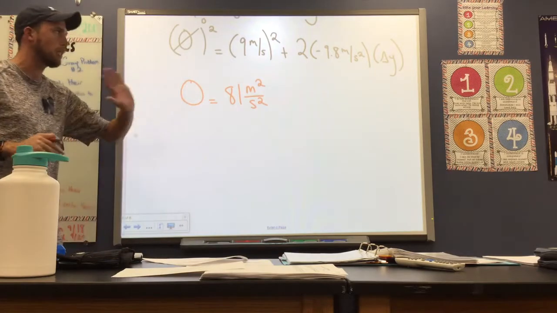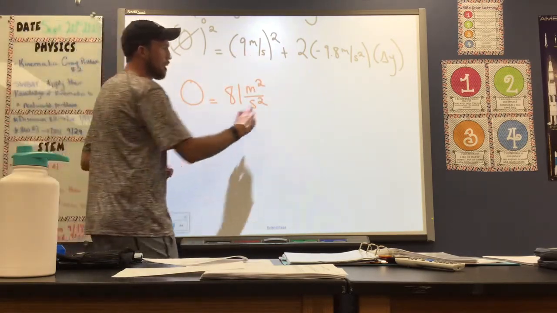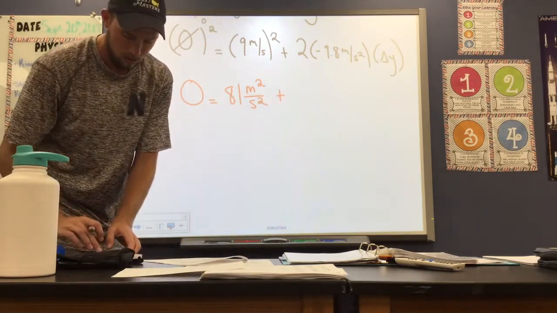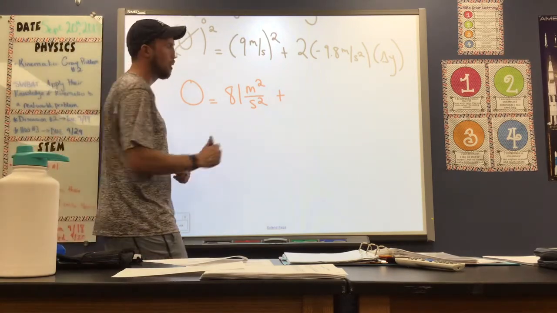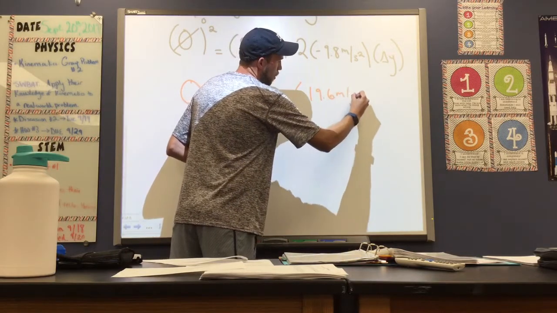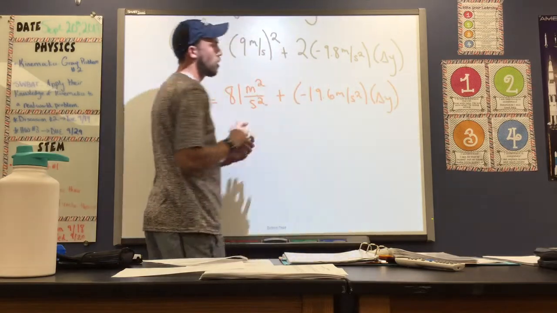Don't worry too much about the units if they're confusing you. I just want you to see where we're going. Then I'm going to add this to 2 times negative 9.8, which should give me negative 19.6 meters per second squared times my delta y.